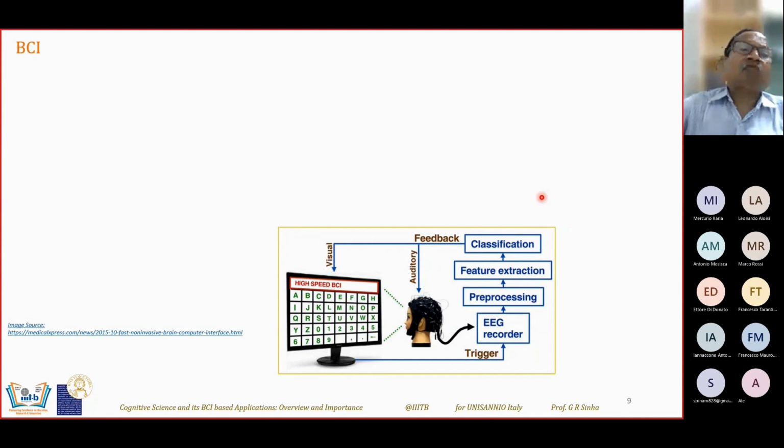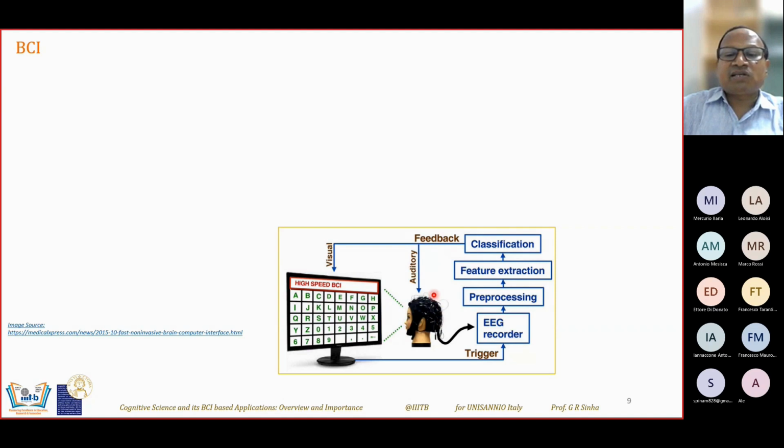So let's start with BCI, a major term present in the title of the course. Before we go to the definition or description of BCI, you can see one interesting diagram here where there is one person, and over the scalp there is a hat-like or cap-like structure.